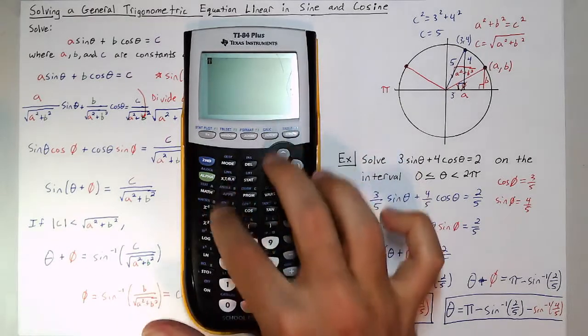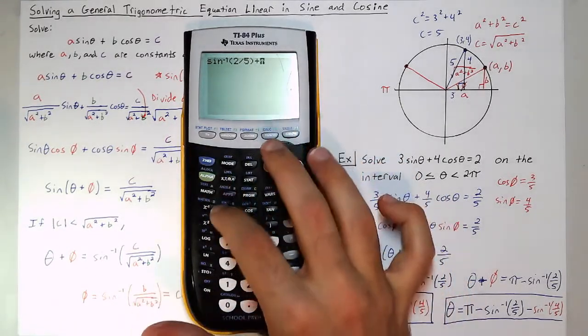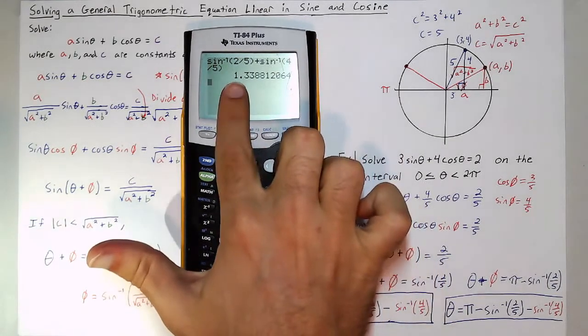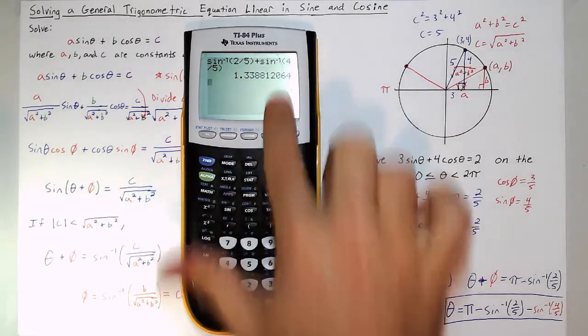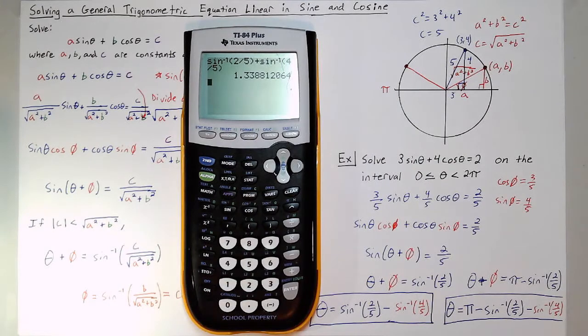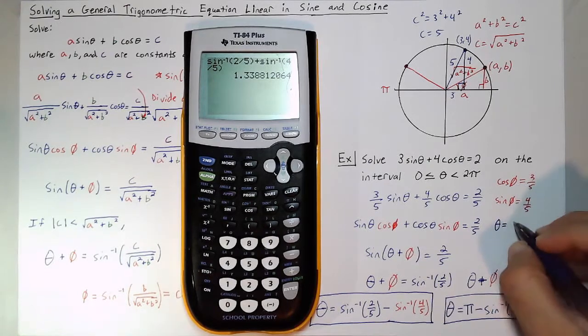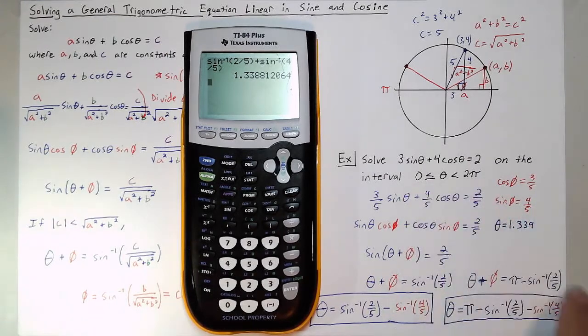And I'll see here, I'll get 1.33881264. So what I can do is write that theta is equal to 1.339. That is on the interval.